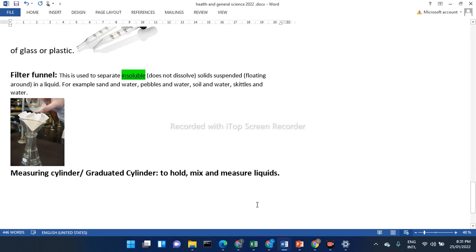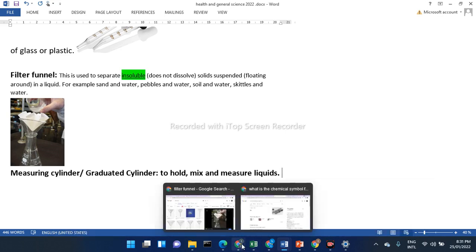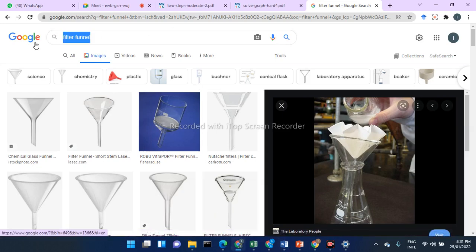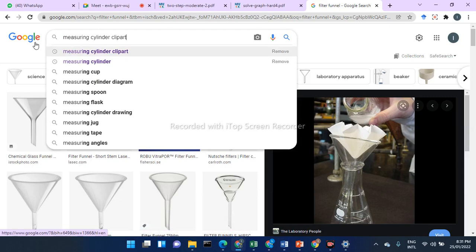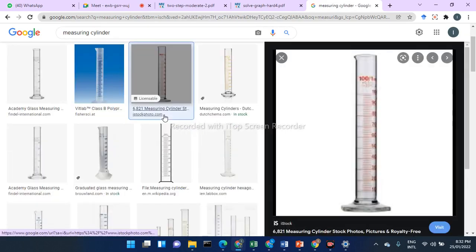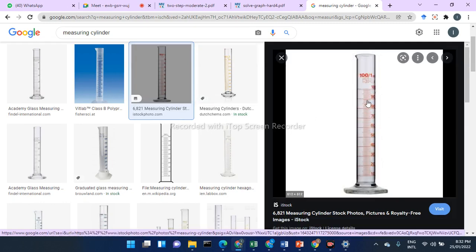Because it has smaller units, you are able to see closely exactly what the volume of the water or the liquid is. Let me show you what I mean. If you look carefully, you see how much smaller the units are, as opposed to the beaker.